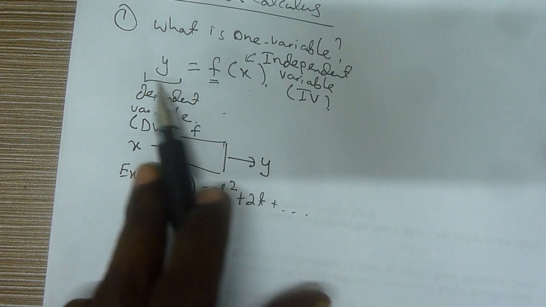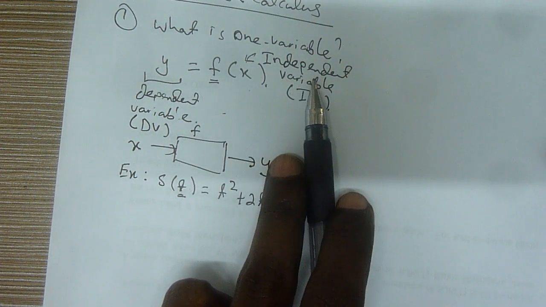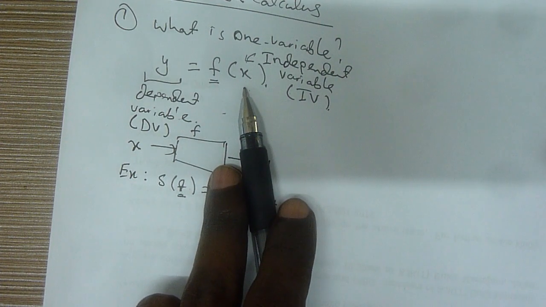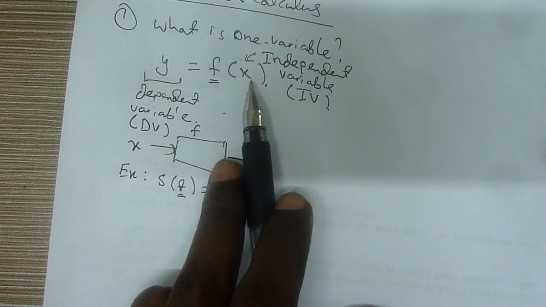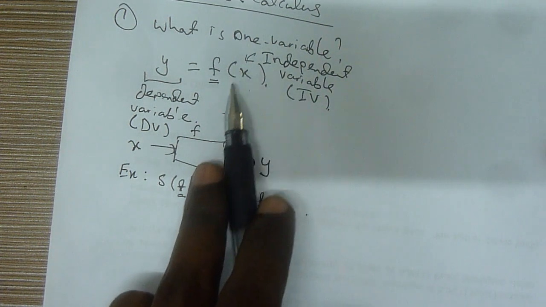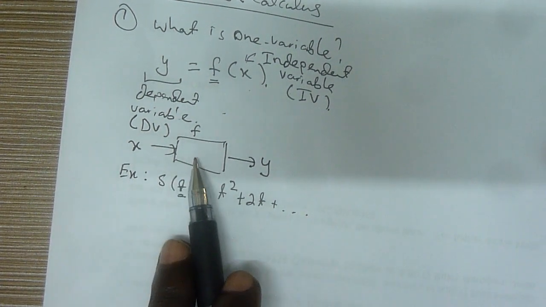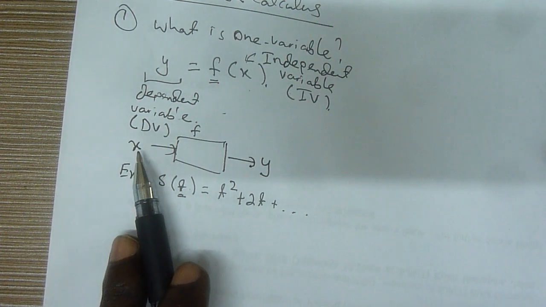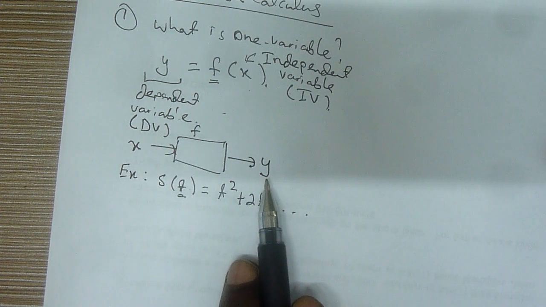This is a simple formulation to define the one variable, and over here you can see there is one given independent variable, and this independent variable will be fed into one transformation function, where this function will transform the feeder x, one independent variable, into one or more than one dependent variable.